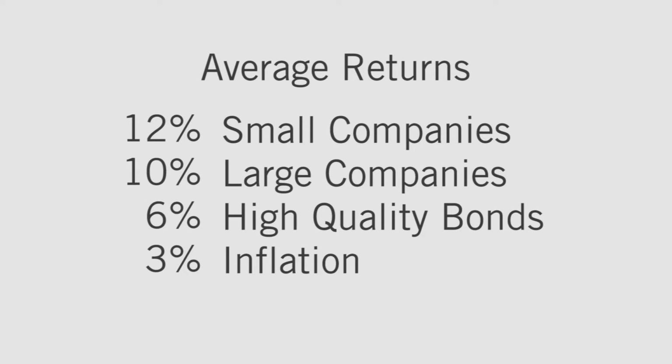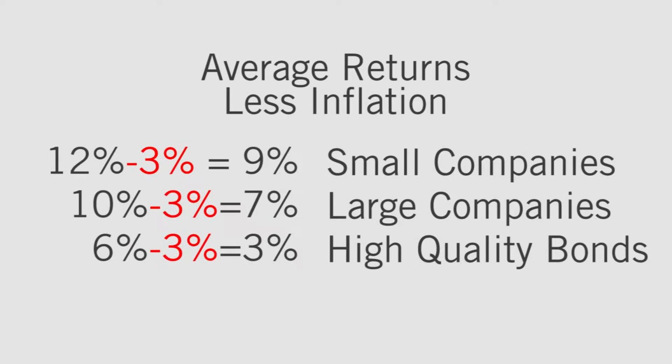Large companies, 10, bonds, 6, and 3 is the typical inflation headwind. Now we subtract 3 from each of those nominal returns to bring the real return after inflation to be 9, 7, and 3% respectively.